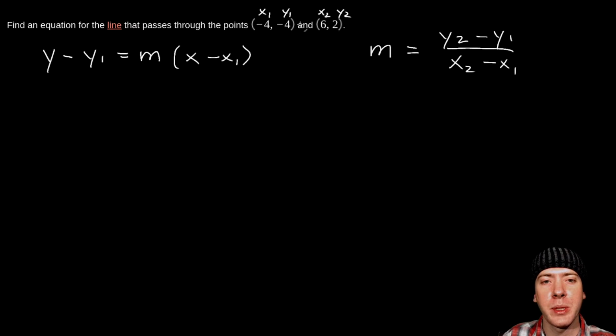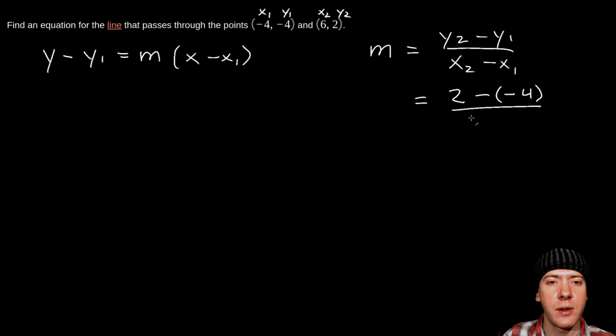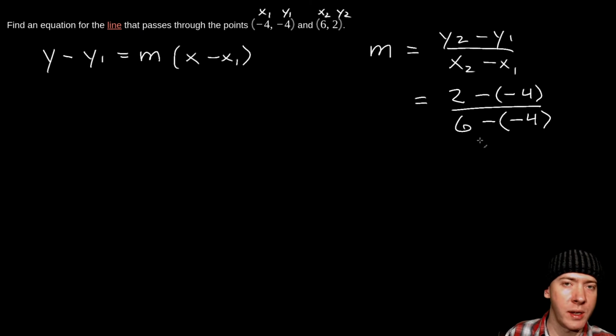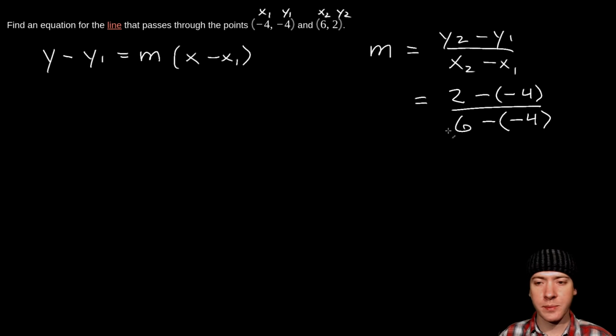So if we plug in those numbers into this slope formula over here, what will we get? Well, let's see. y2 is 2. y1 over here is negative 4. So I'm going to use parentheses to write that. On the bottom, we have x2, which is 6, minus x1 is also negative 4, so I'm going to put another pair of parentheses and write negative 4 inside the parentheses.